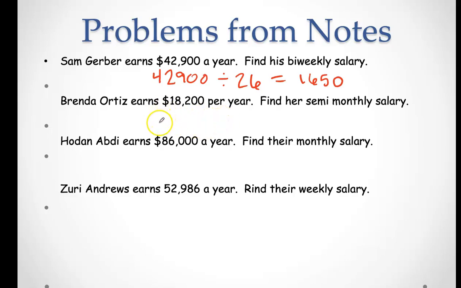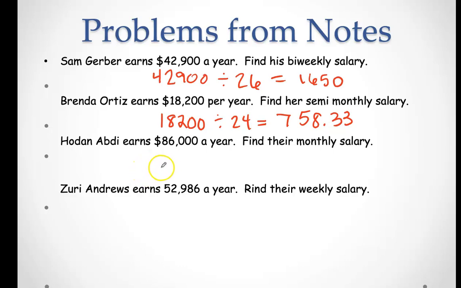Find her semi-monthly salary. So I take 18,200 divided by 24, and you get $758.33. Make sure you're writing it the way I'm writing it, like money.